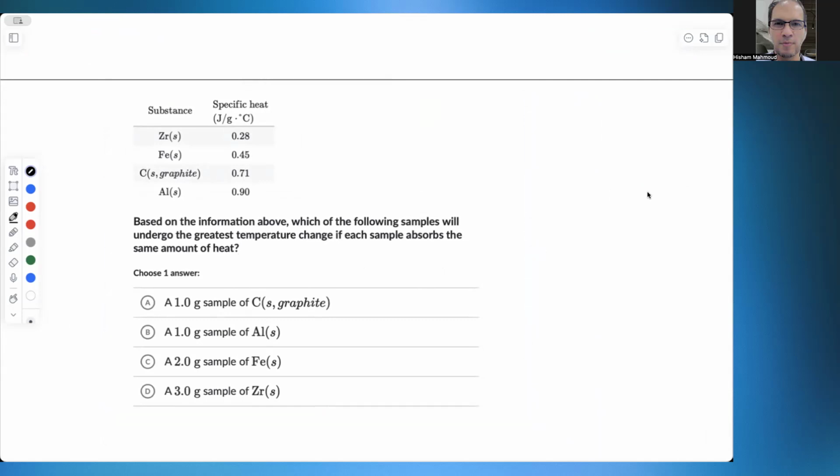Okay. And I need this in WhatsApp, please. So you show me how did you do the working for this one. Which one will undergo the greatest temperature change if each sample absorbs the same amount of heat? And if they all have the same Q.